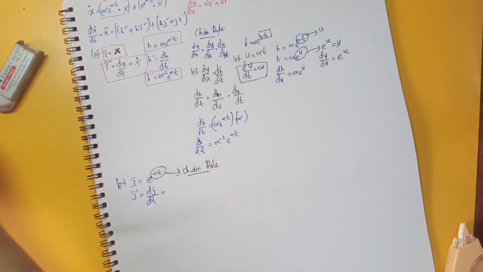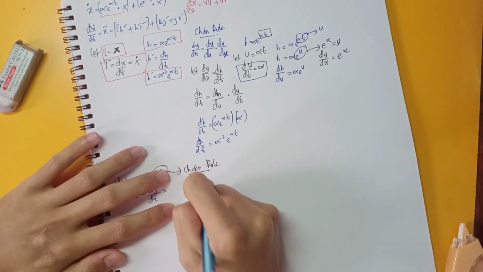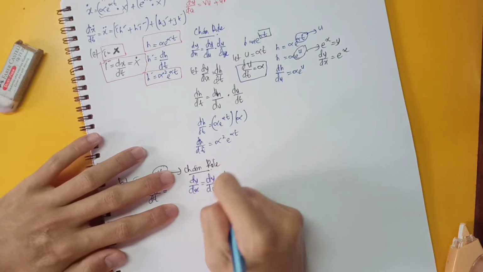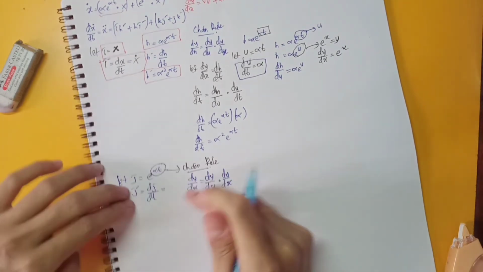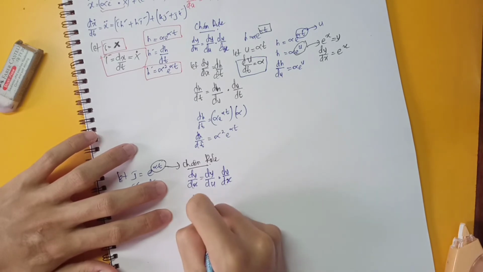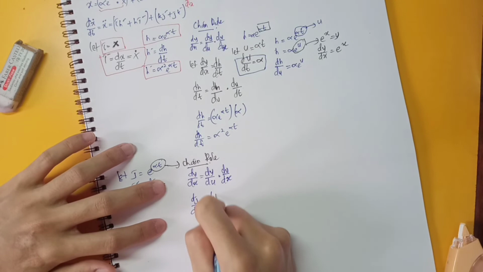Okay, so for this chain rule, the formula is dy over dx equal to dy over du times du over dx. Now let's look here. We want to find dj over dt. So dj over dt is equal to dy over dx, right?